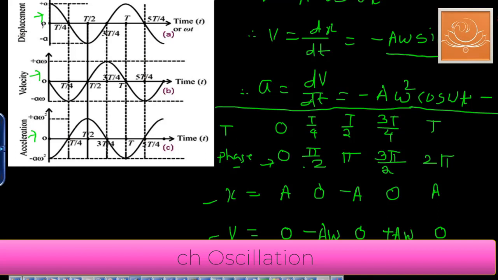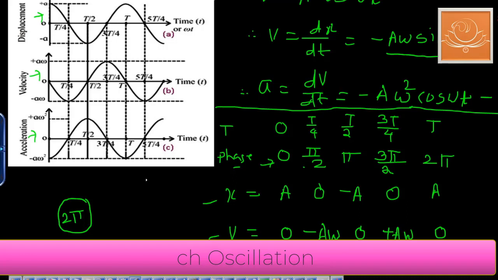There is a phase difference of pi by 2 between displacement and velocity, pi by 2 between velocity and acceleration, and pi between displacement and acceleration. All curves repeat the same path after a phase equal to 2 pi radian. This is all about graphical representation of simple harmonic motion for a particle, both cases, starting from mean position and starting from extreme position.